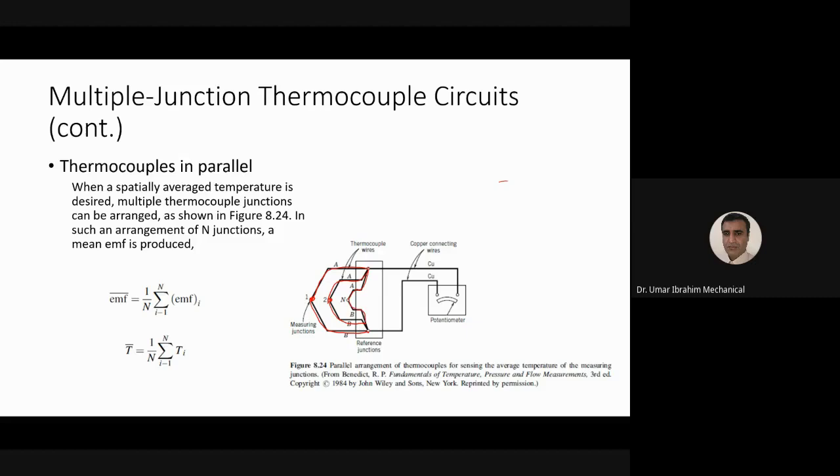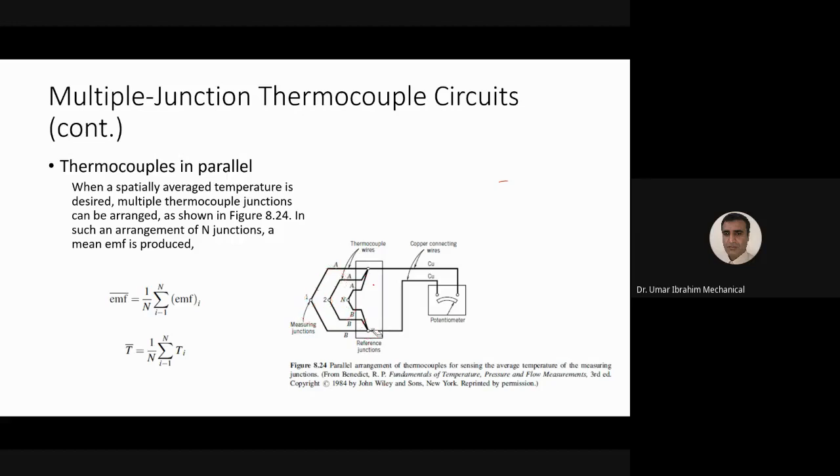If you use those thermocouples in parallel configuration, then the output voltage of the parallel combination of thermocouples will be equal to the average voltage experienced by the measurement junctions. In this configuration, your measurement junctions are 1, 2, up to n, and your reference junctions, these are your reference junctions. These are reference junctions, and these are measurement junctions.